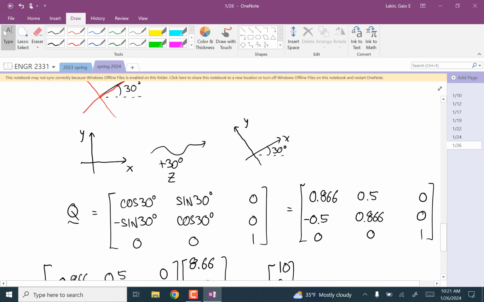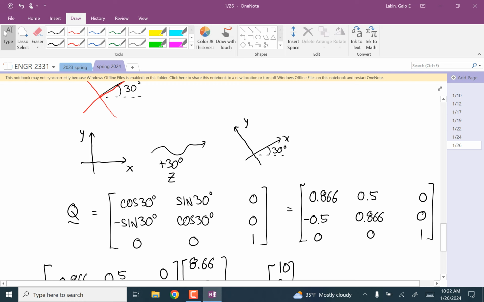It's going to be 0.866, negative 0.50. The second column is this y-axis expressed in this coordinate system. It's going to be positive 0.5 in x, positive 0.866 in y, 0. And then the z-axis doesn't change because we're rotating about that, so that's just 0, 0, 1.